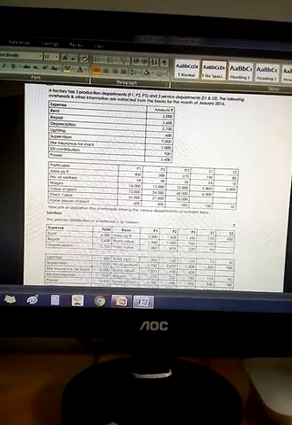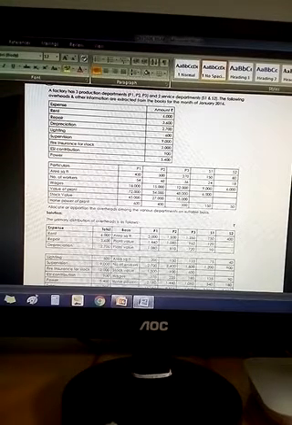So at first we have to allocate the indirect expenses in a particular department, but if we do not get any particular department for any expense, then we are going to apportion the expenses within various departments. Suppose the canteen expenses. In the canteen, all the department staff are going to the canteen, all the laborers are going to the canteen.